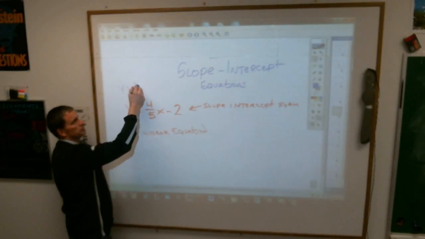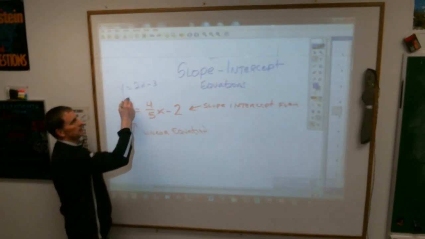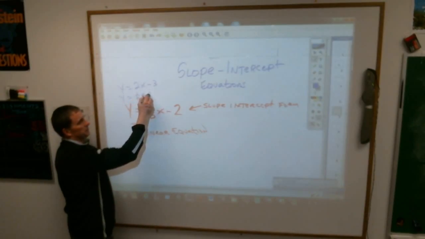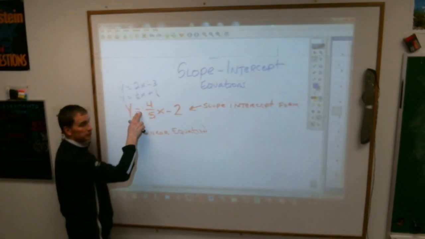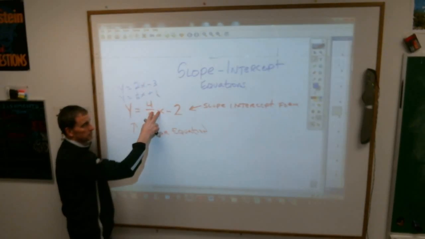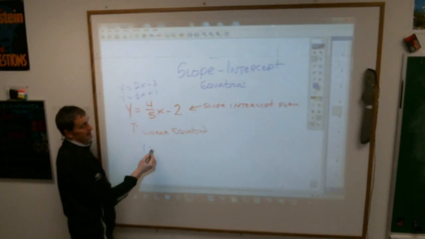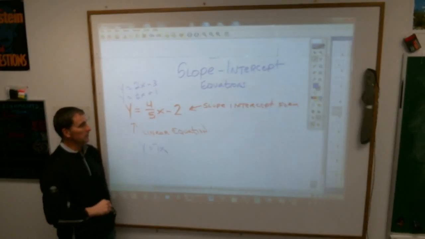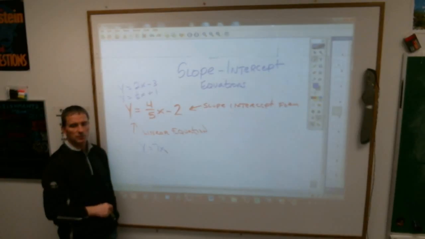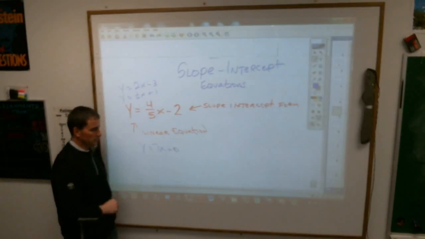Y equals 2x minus 3. Y equals 1/2 x plus 1. See the y by itself, an equal sign, an x, and then a number. It could be y equals 7x. Why would that still be a linear equation in slope-intercept form? Because what could you always do? You could always go, oh, plus 0.